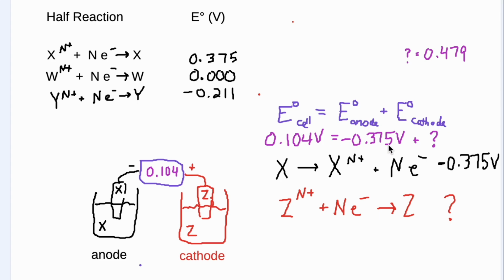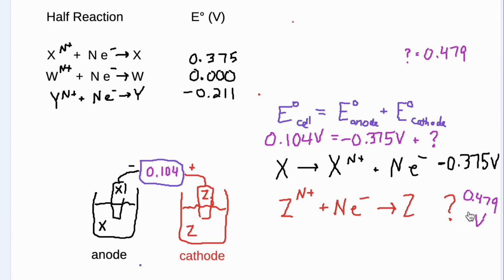So when we solve this for our question mark, we end up with a positive 0.479 for our question mark value. So that is the value, let's put volts over here, for what is happening to Z at the cathode. And so at the cathode, this is the reduction. So this is the same way that we would write it in the table.